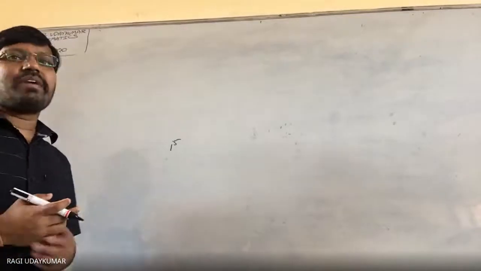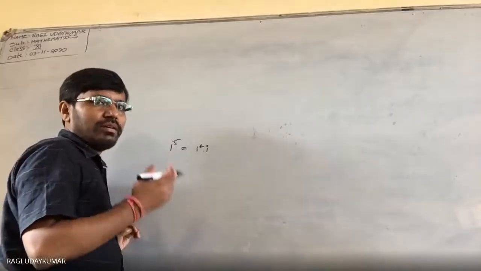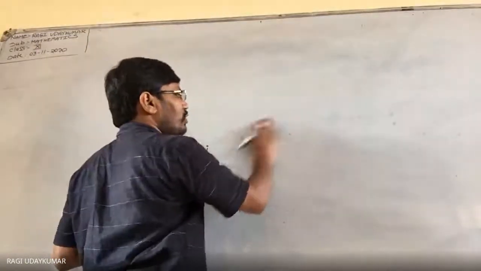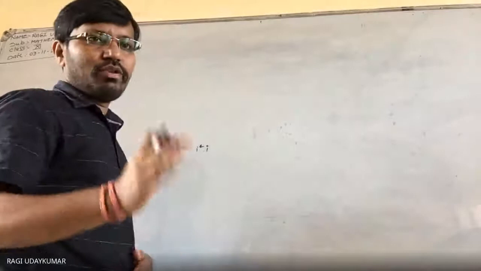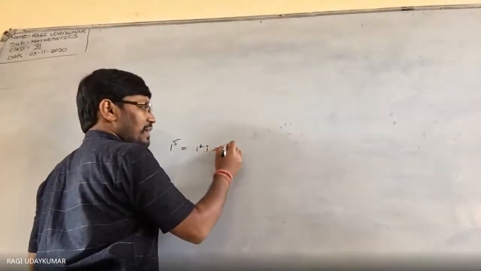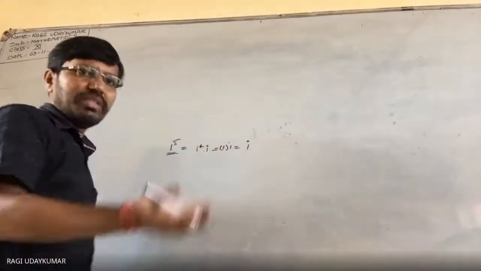I power 5 is I power 4 plus 1, which is I power 4 into I. You do remember I power 4 value is equal to 1, so 1 into I. So this is equal to I. So you have converted this into the general form.